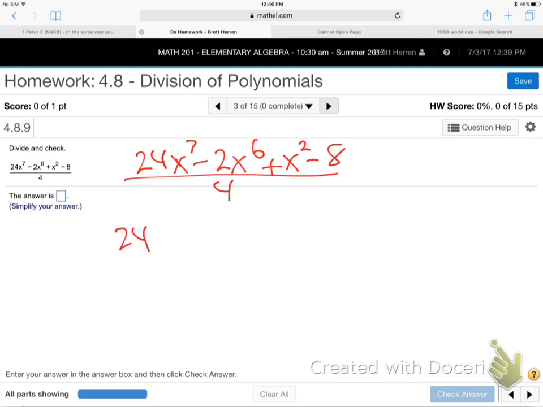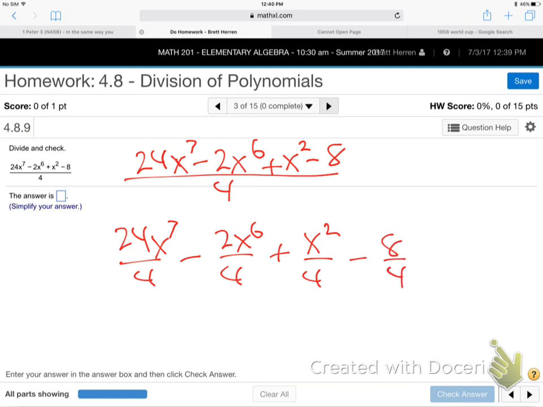So it'll be 24x to the 7th over 4 minus 2x to the 6th over 4 plus x squared over 4 minus 8 over 4. You just put that 4 underneath each of them.